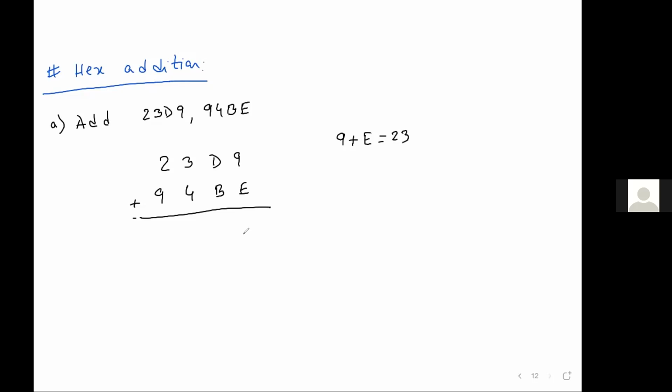We'll write 7, and take a carry of 1. So 23 minus 16, how much do you get? 7. Exactly, you have got 7, and of course there will be a carry over here. 1, sir. Exactly. So what is our next step? 1 plus D plus B. How much do you get?